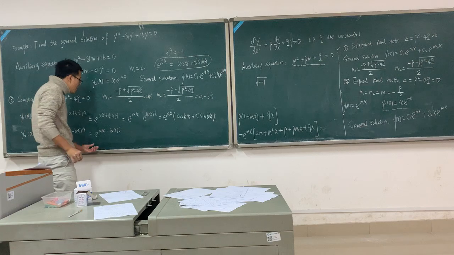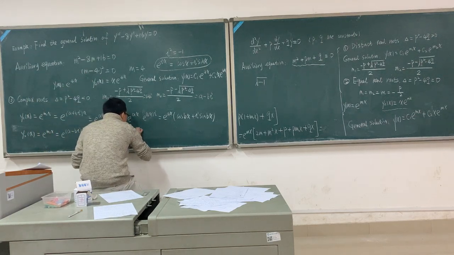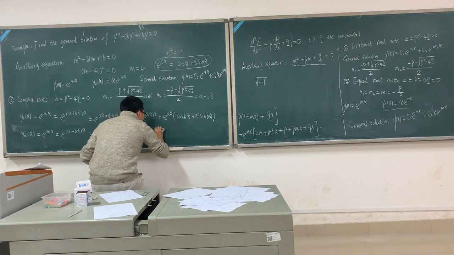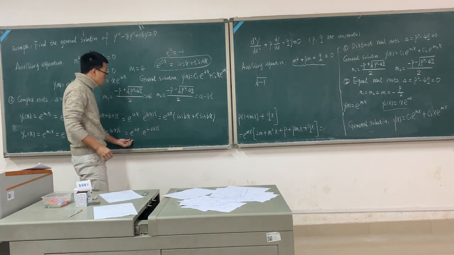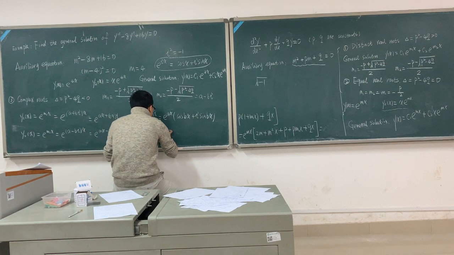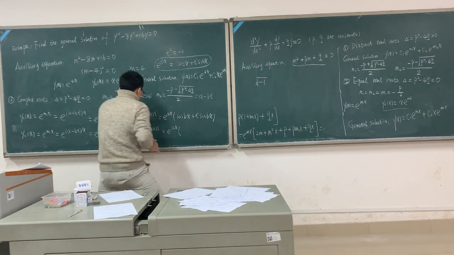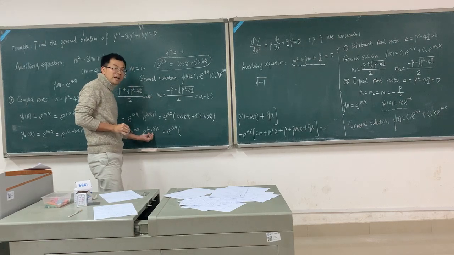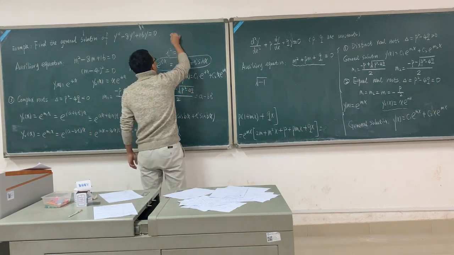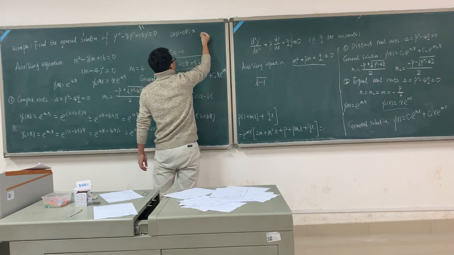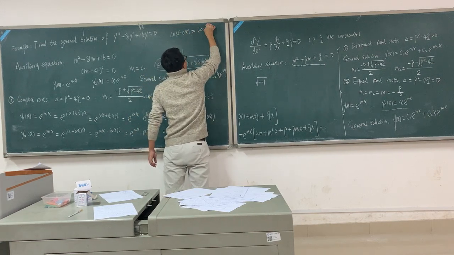So this equals e to the ax cosine of minus bx, because we know cosine of minus bx equals cosine bx.